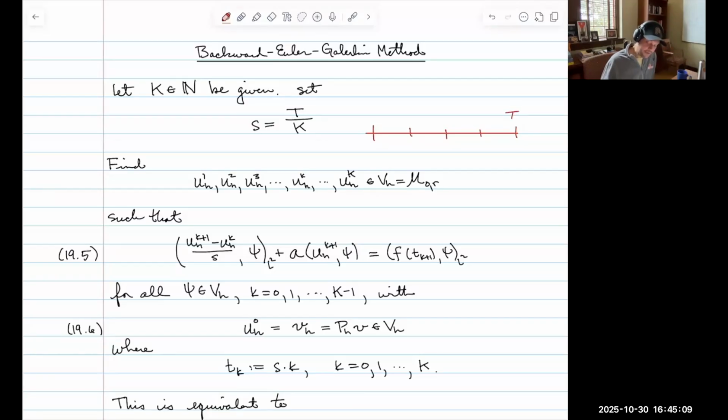So if this is capital T, this would be S equals capital T over K. I think I did 8 intervals there. Let me count: 1, 2, 3, 4, 5, 6, 7, 8. All right. So this is T1, T2, T3, T4, T5, T6, T7, T8.